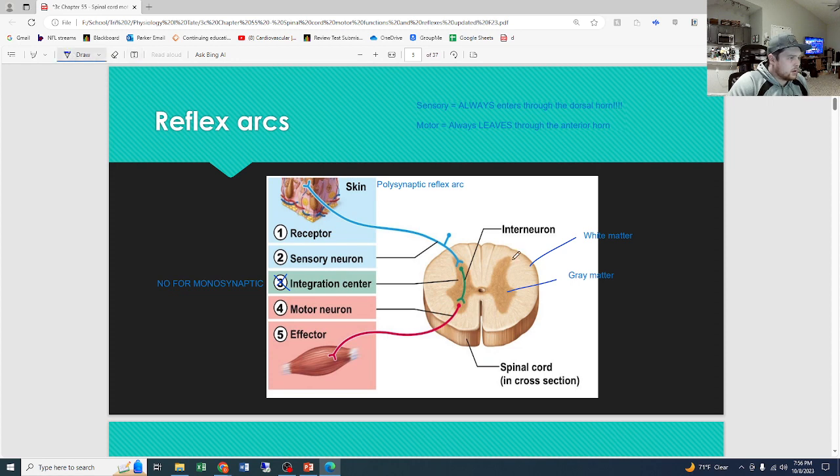Okay, so we have our dorsal horn, our anterior horn. This little piece right here, especially if we're up more in the cervical spine or into the thoracic spine, is going to be known as our lateral horn. You don't need to know much about the lateral horn right now.